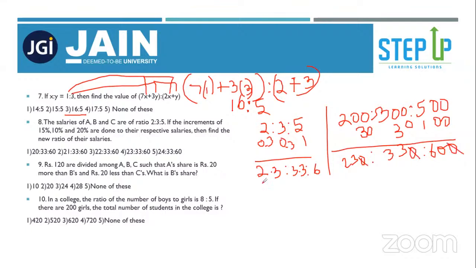Here in this method, multiplying by 10 to remove the decimals, then it is 23 is to 33 is to 60. Got it? Either method. Fine.